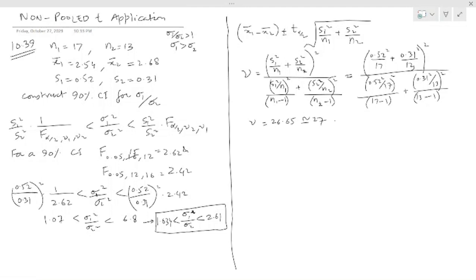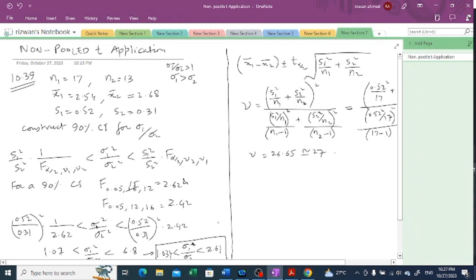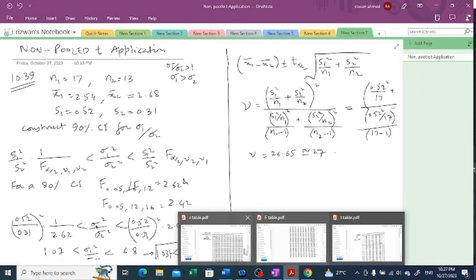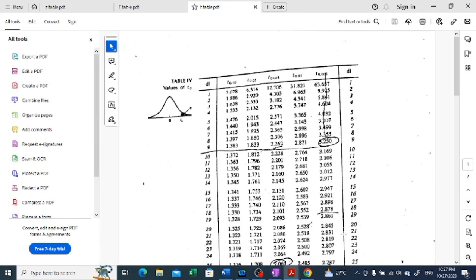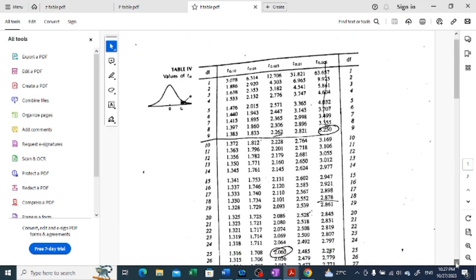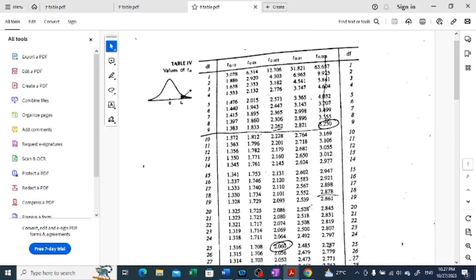Now we go to the t table to locate the 90% CI corresponding t value. That's the t table. 27 are the degrees of freedom, and we are following 90% CI this time. So 1.703 is the value corresponding to 27 degrees of freedom and 0.05 probability from the t table.